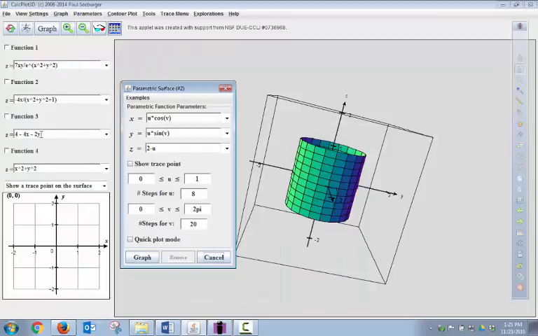If we draw a plane, let's just say 1 minus x minus y.